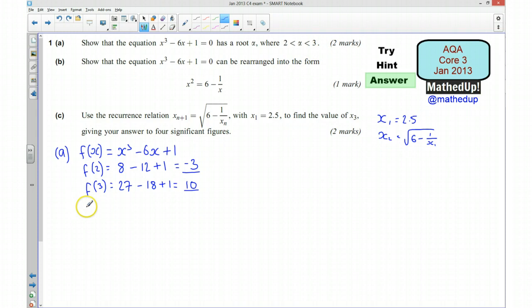So I need to now say this here: as there is a change in sign, a root must lie between 2 and 3.